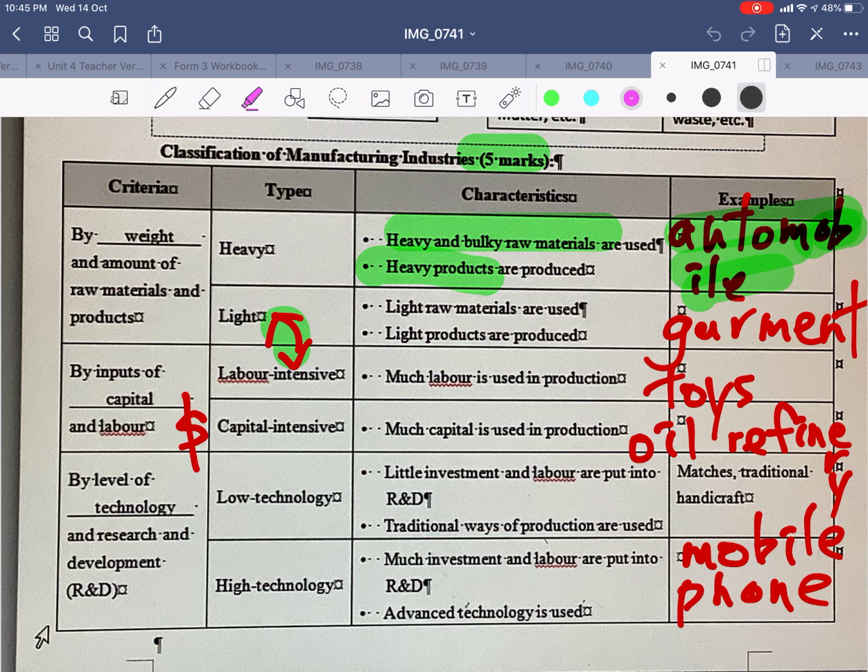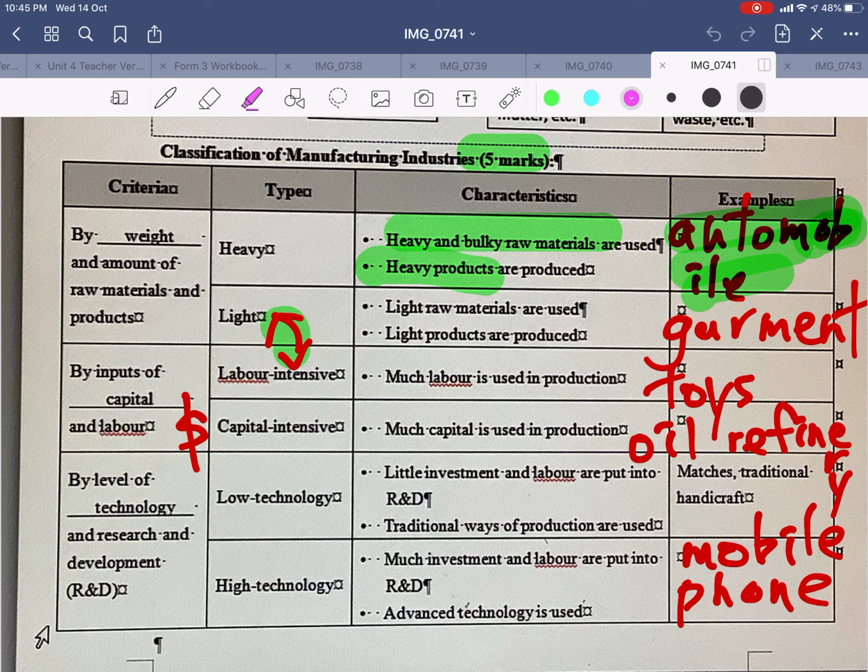How about capital intensive? For capital intensive, we are investing a lot of money in specific factories, for example the oil refinery. The crude oil will be distilled into different kinds of petroleum products by this oil refinery.